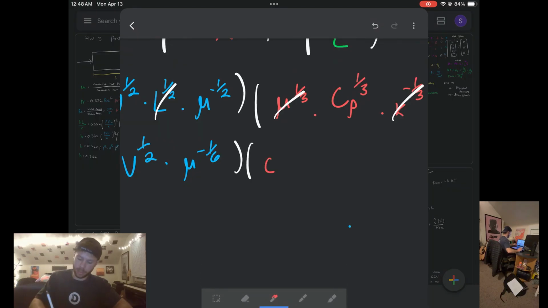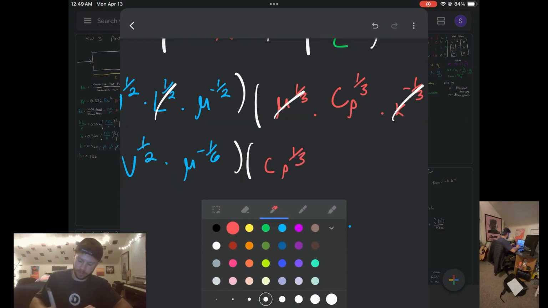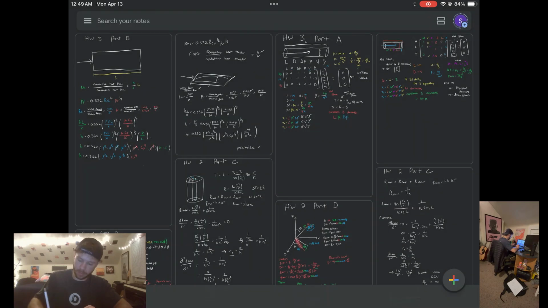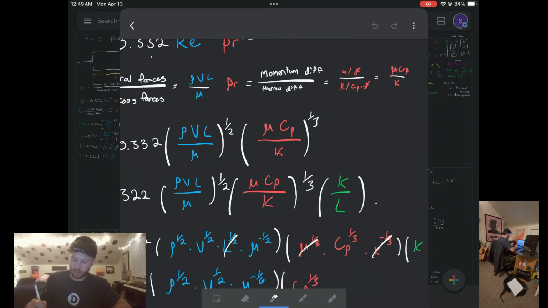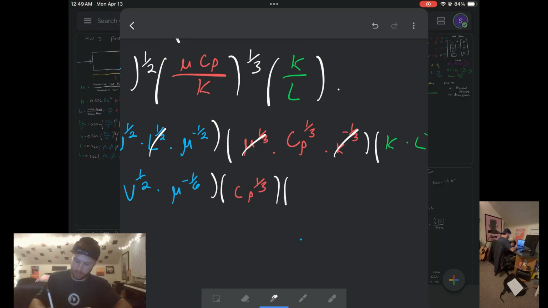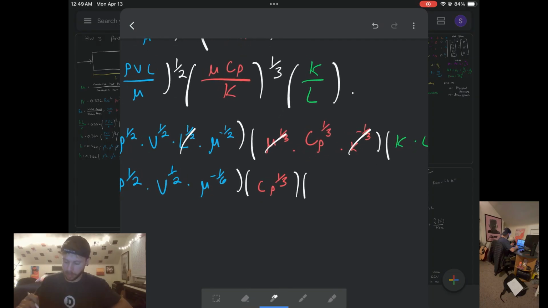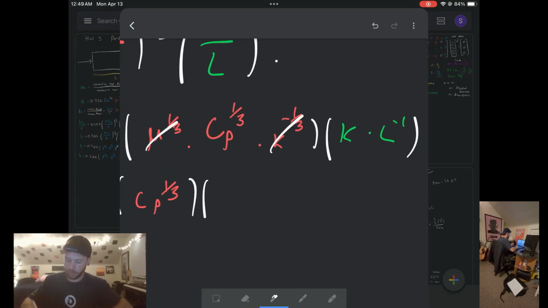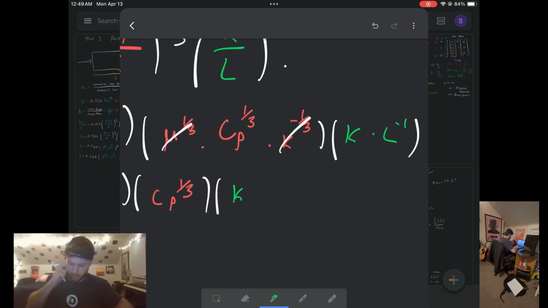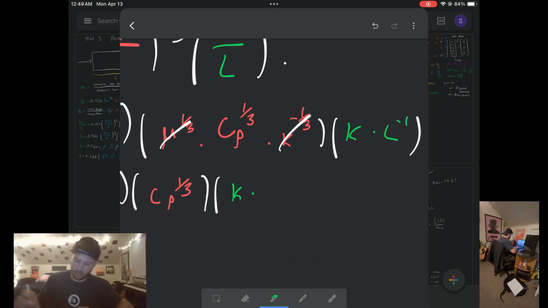Say just our heat capacity left from the Prandtl number raised to the 1/3, and then this will all be multiplied by our thermal conductivity times our length to the -1/2.